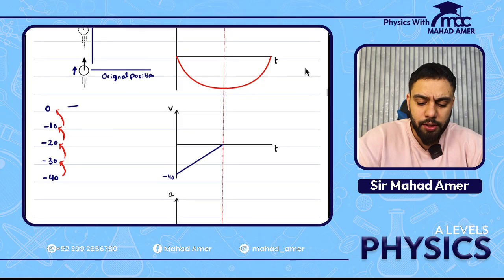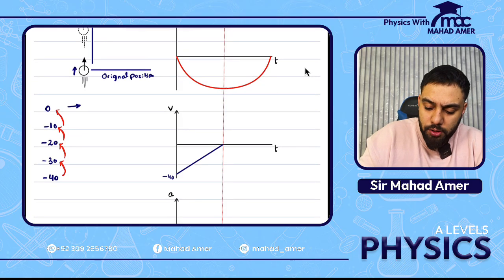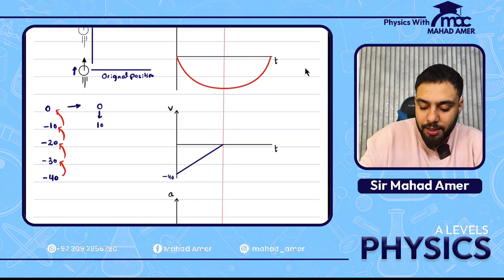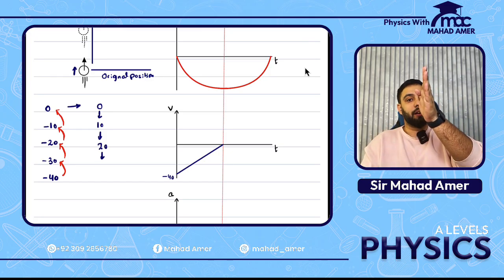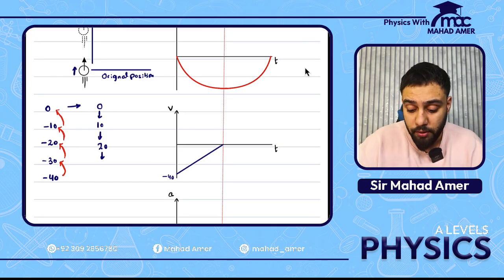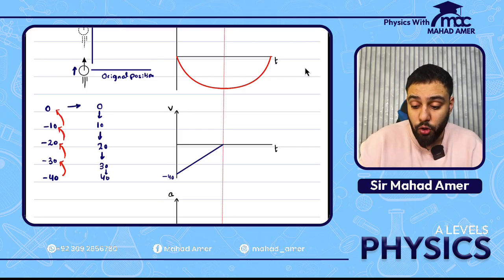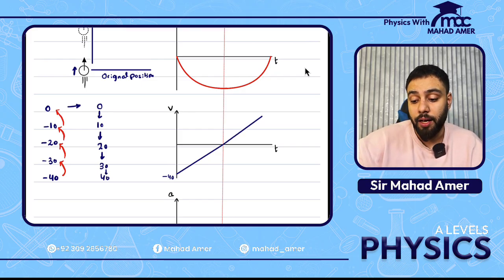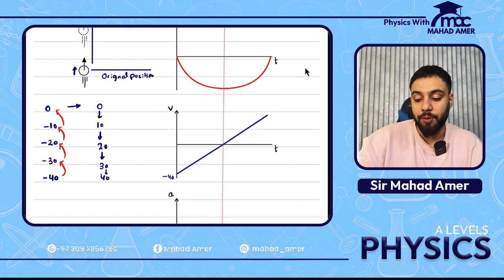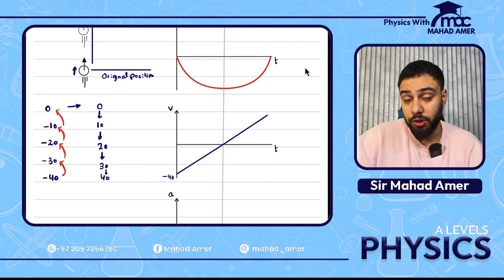When it comes to the velocity-time graph, at this point the velocity would be zero and starts to increase, but since now I'm moving in the negative direction, the upward direction was negative, so the downward direction would be positive. In this scenario, the object would be gaining speed, and the graph would look like this. So the object is going to gain speed in the positive direction.